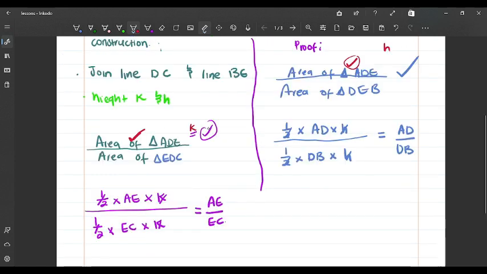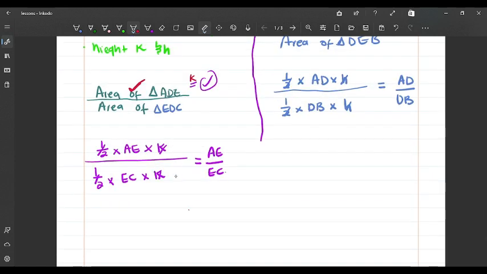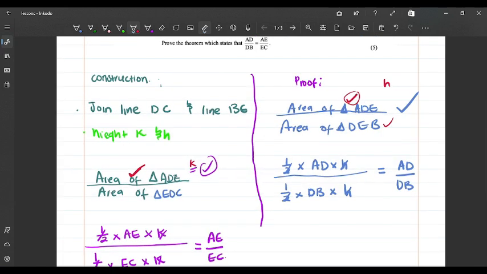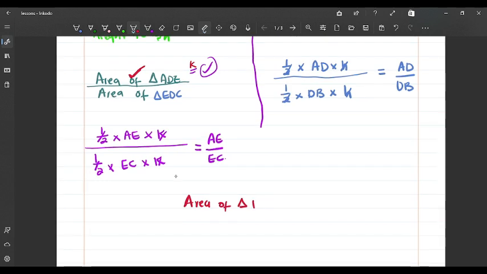So basically here, what I'm saying is that the area of triangle DEB is going to be equal to the area of triangle EDC. And why is that? It is because their bases are between parallel lines.